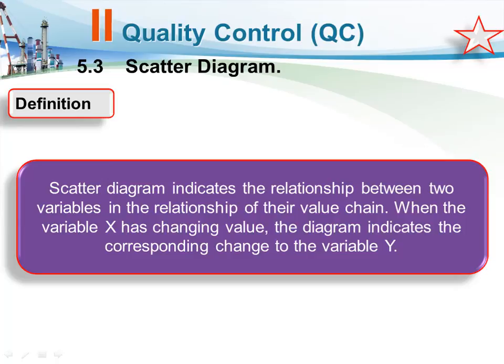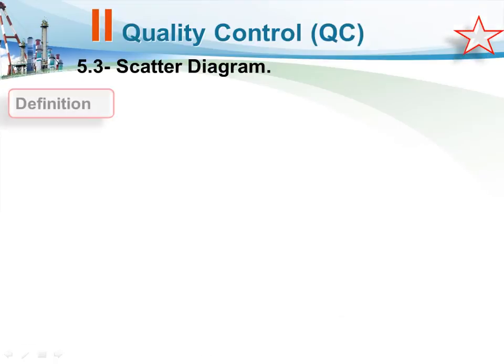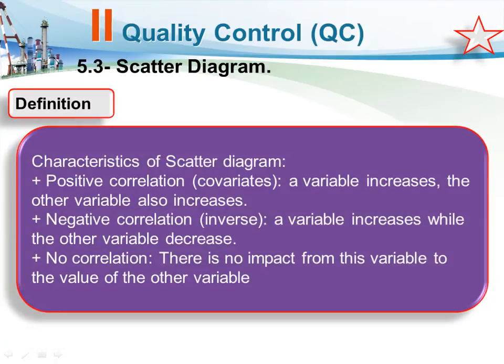Scatter diagram, the second quality control tool. Scatter diagram indicates the relationship between two variables in terms of their values. When the variable x has a changing value, the diagram indicates the corresponding change to the variable y.